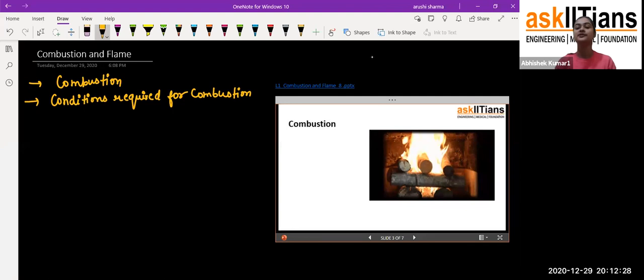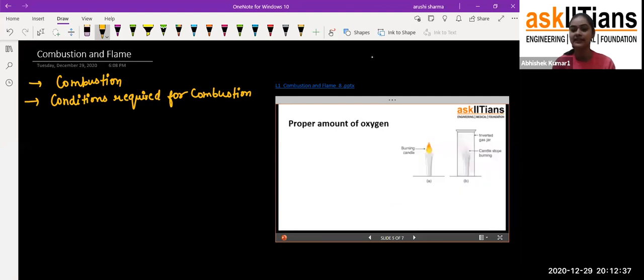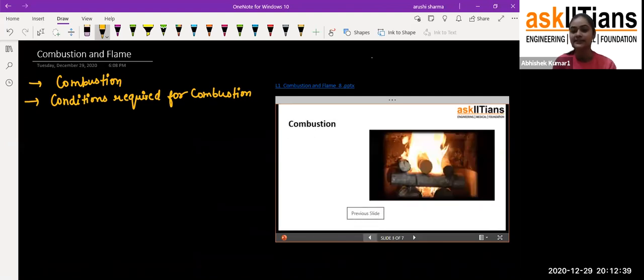Before starting the chapter, on screen you can also see that this is combustion, written here, and there is a picture. Oh, sorry, I'll just go to that slide. Yes, you can see this picture: these are wood logs and there is some fire. You can relate it to the winter season, which is going on right now.